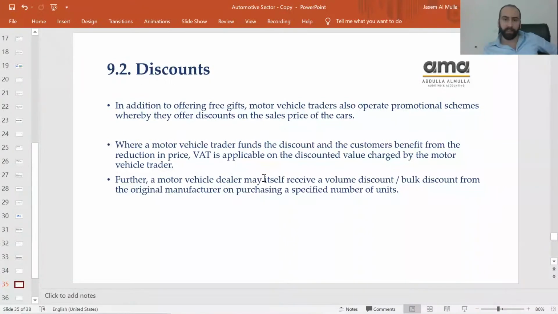A motor vehicle dealer may itself receive a volume discount from the original manufacturer on purchasing a specified number of units. So here, where a volume discount is provided by the original manufacturer, for example, a discount on purchasing 100 units of cars, the manufacturer should clearly state the discount on the invoice.